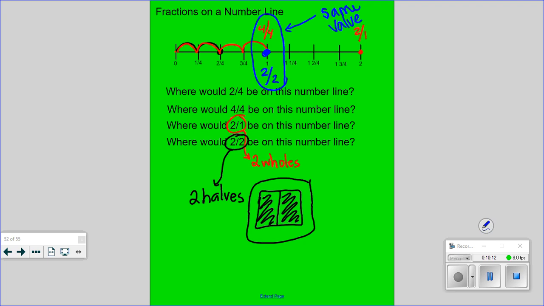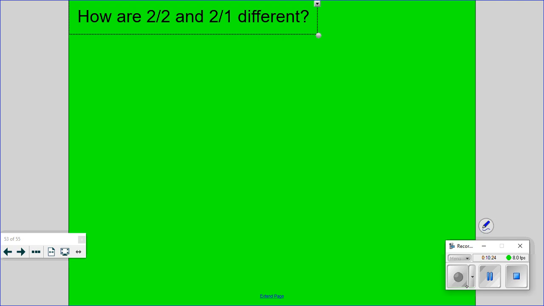They look different, and they're going to look different when I'm cutting up a cookie or cutting up something else, but they're ultimately worth the same. This is your subtitle. This is what you are writing in your notebook. How are 2 halves and 2 wholes different?